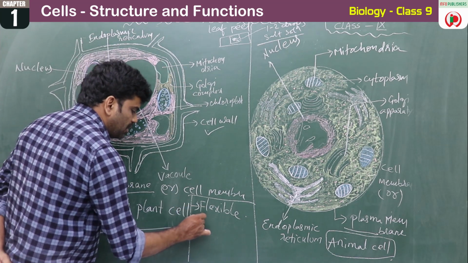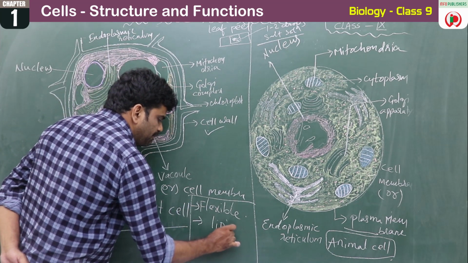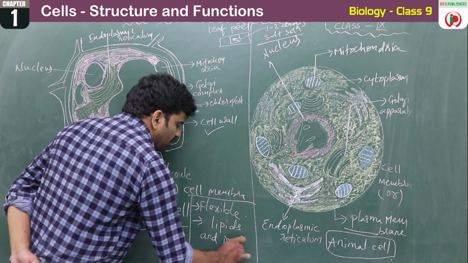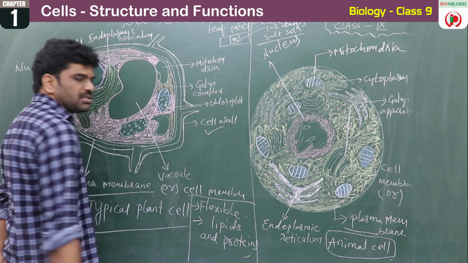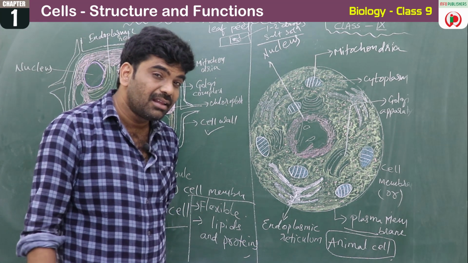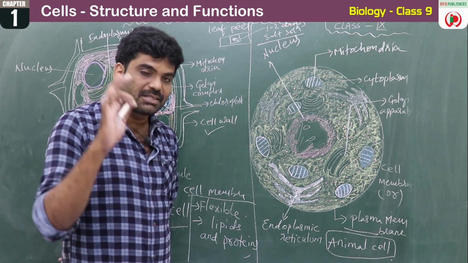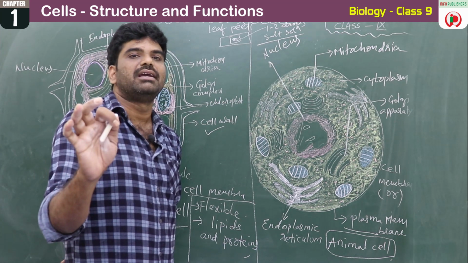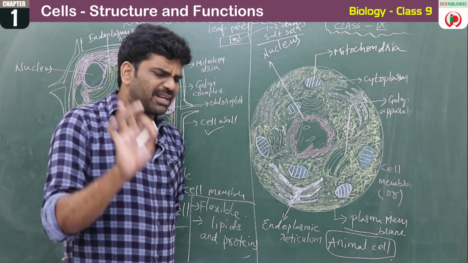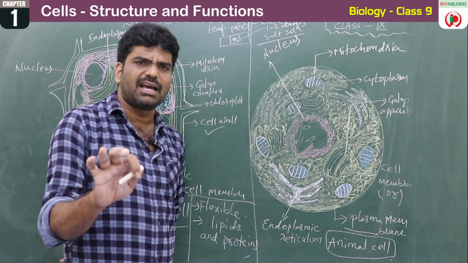Children, I am telling about the cell membrane only, not the cell wall. Cell wall is the extra layer that is present in plant cells only. Cell membrane, otherwise called plasma membrane, is present in both plant cells and animal cells.